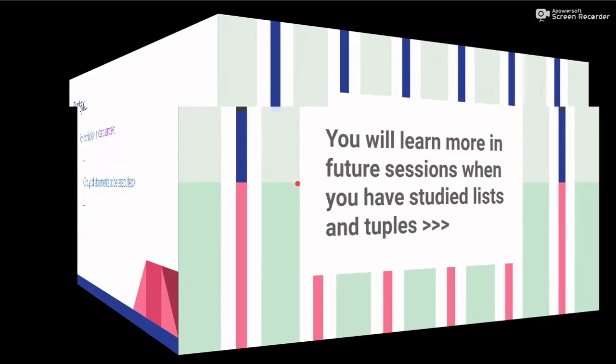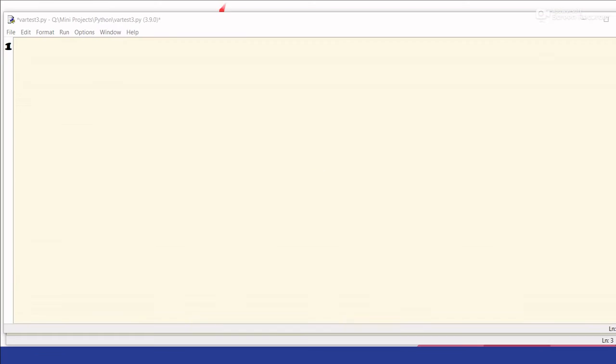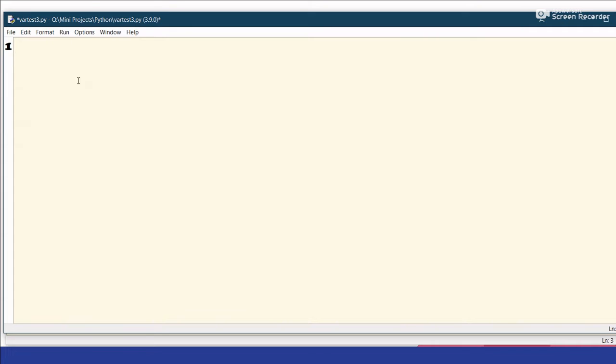Now let me actually show this right in Idle. So here I have opened up my rough file in Idle, and let's experiment with the for loop. Let's first make a string. Let's say a is equal to hello. And now let's try to use the for loop with it.